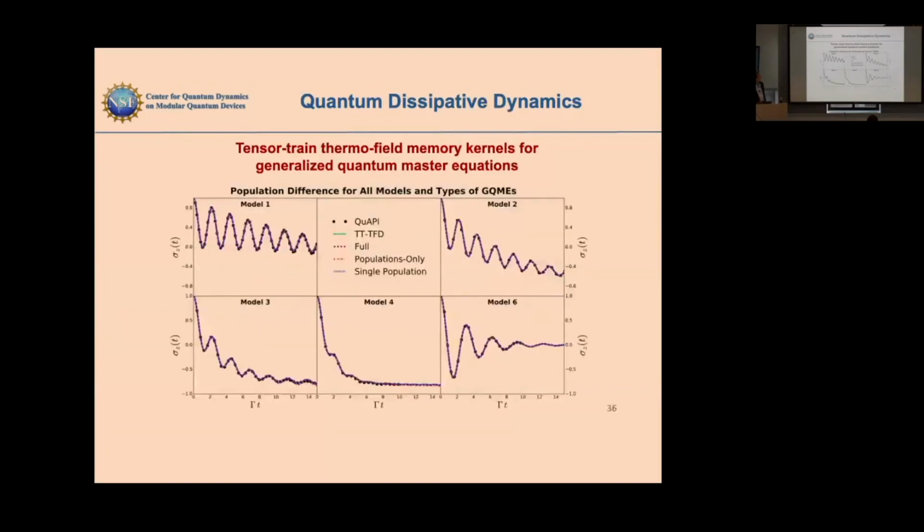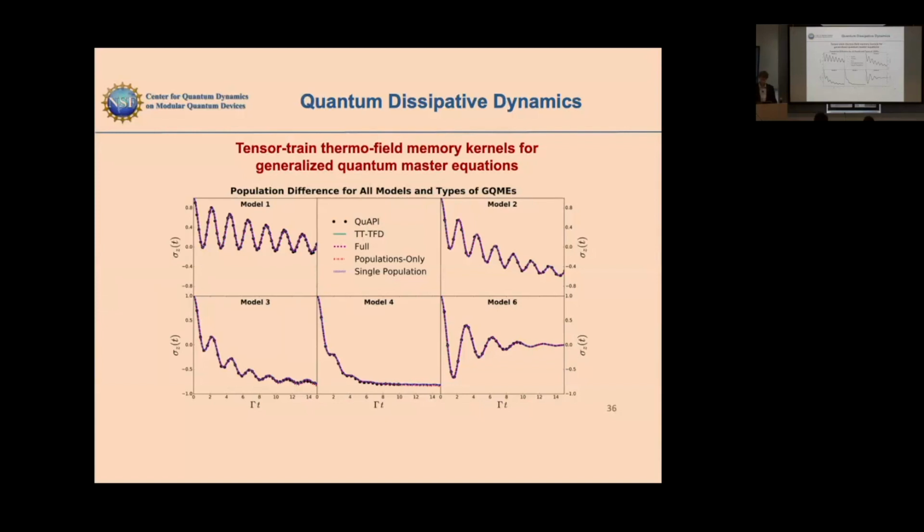With that, we have these comparisons where we have the tensor train and thermofield memory kernels used for the propagation of these elements of the reduced density matrix for various different models where we play with the whole range of parameters that the spin boson model has been analyzed before, and the methodology works very well. And the nice thing is that now it allows us to propagate only a subset.